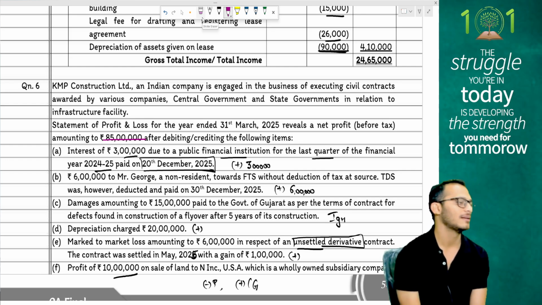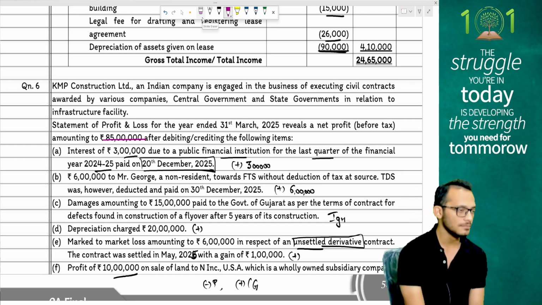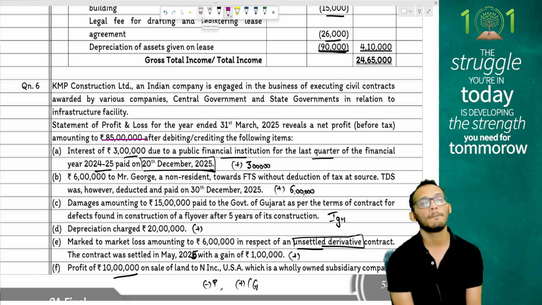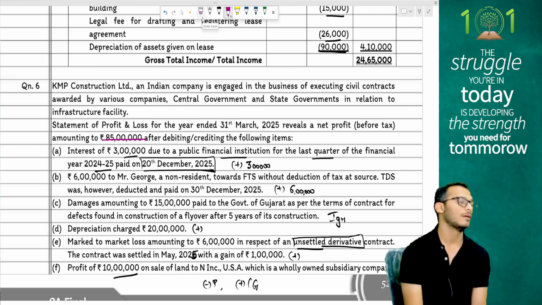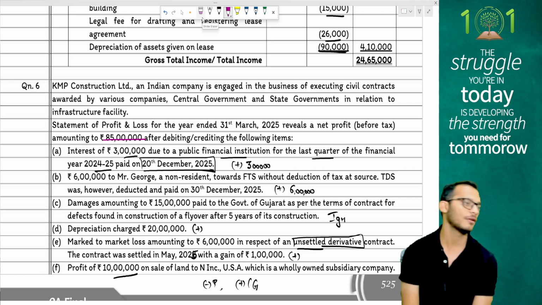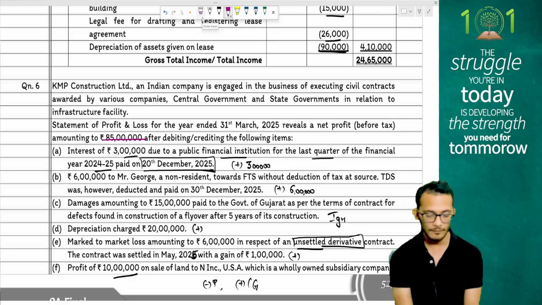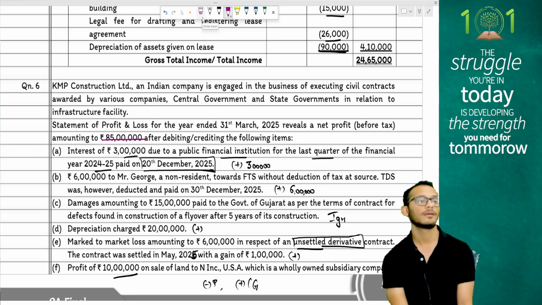Section 37 restricts the allowability of payment for any offense under a law. Full stop, continue.